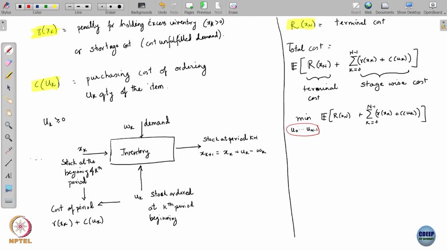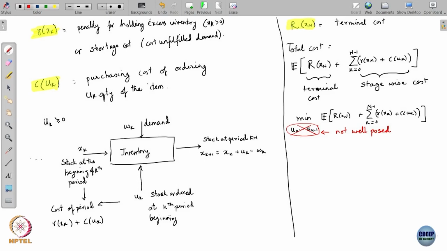So, this is incorrect, this is not well posed, and the reason is that I do not have a way of even talking of the action or the stock to be ordered at time k sitting at time 0, because the information on the basis of which that action is to be taken is not available to me at time 0.